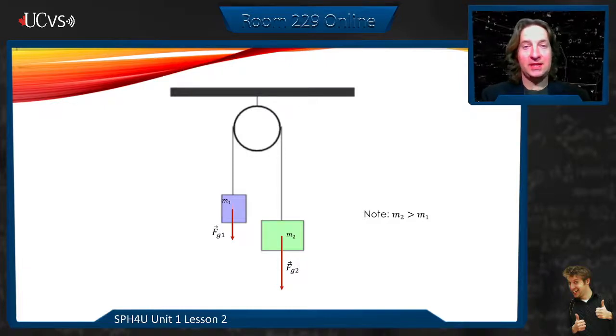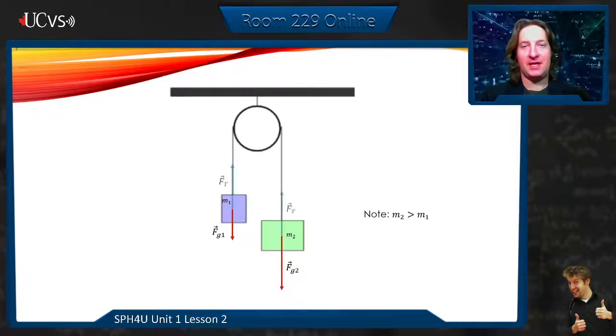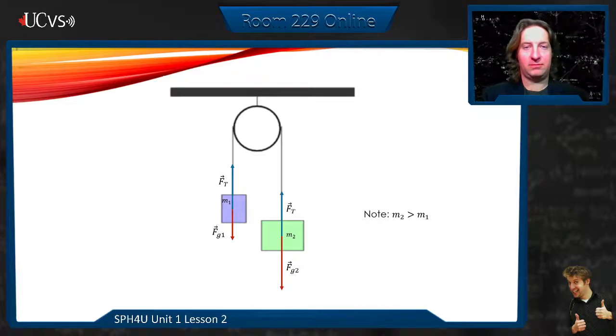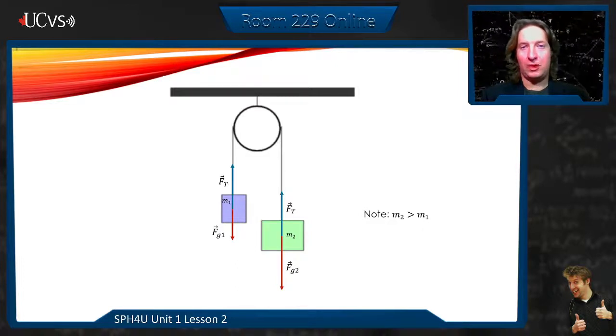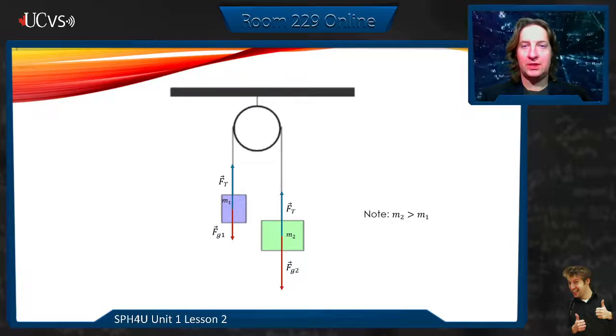Now, the reason that they're not just falling is there's a string attached to them, and that's going to provide a tension force. This is going to be up the string in both examples here, both objects. Remember that these tension forces, according to Newton's third law, are there because of the reaction force.